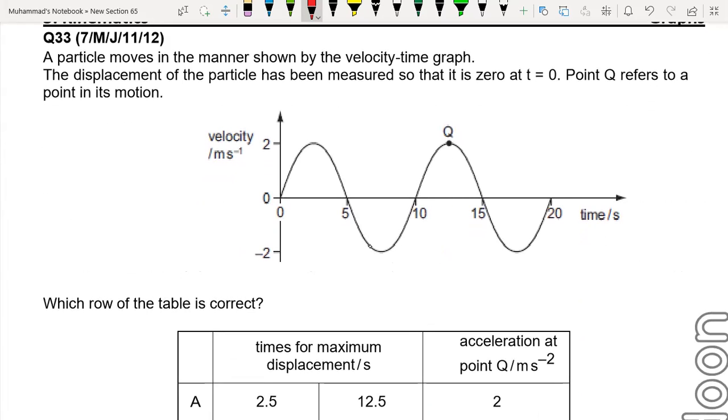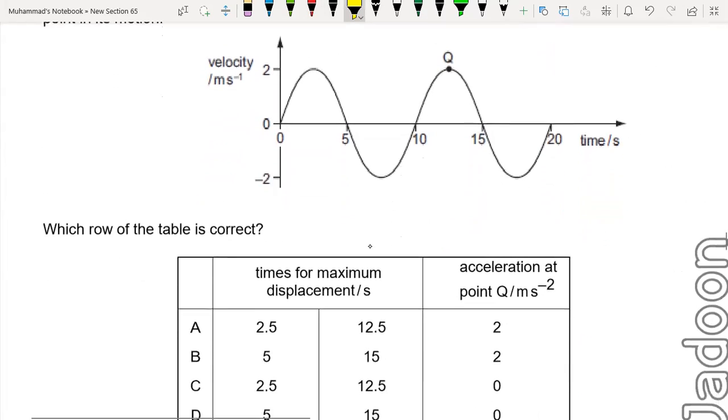A particle moves in the manner shown by the velocity-time graph. The displacement of the particle has been measured so that it is 0 at t equal to 0. Point Q refers to a point in its motion. Which row of the table is correct?